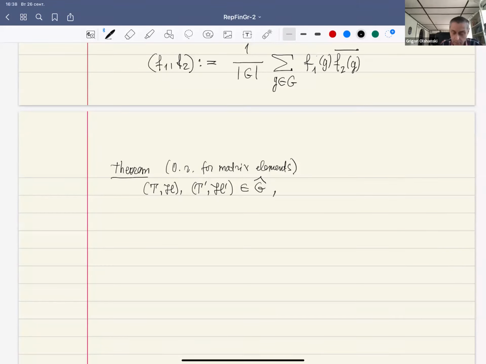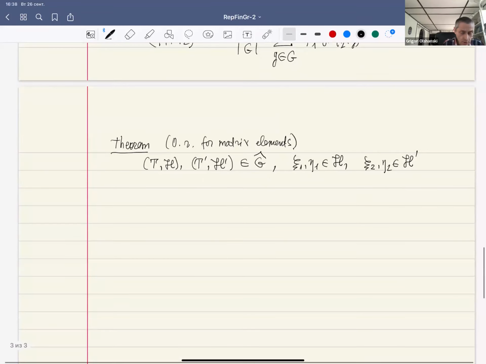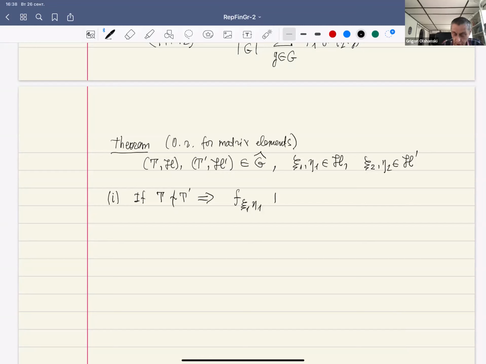Pick some arbitrary vectors in one space and another couple of vectors in another space. Again, there are two claims. One claim is: if T and T prime are non-equivalent, then the corresponding matrix elements are orthogonal with respect to our scalar product.